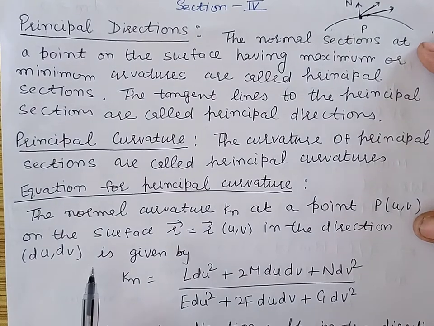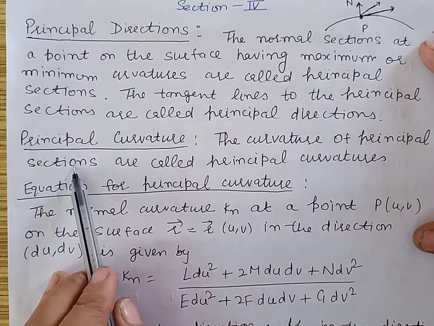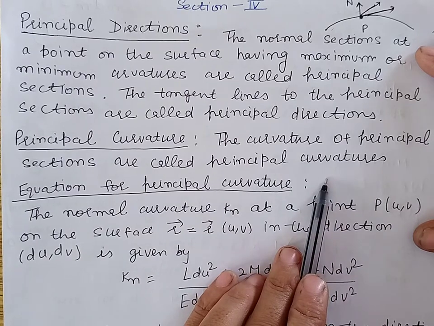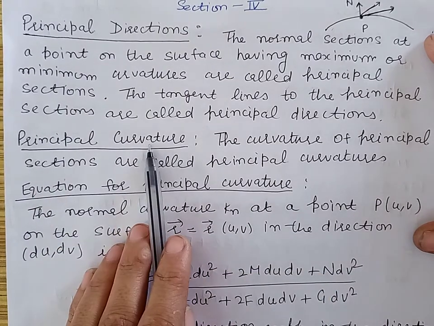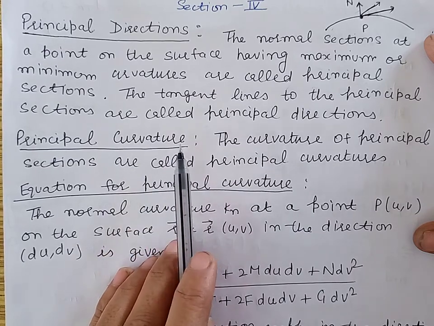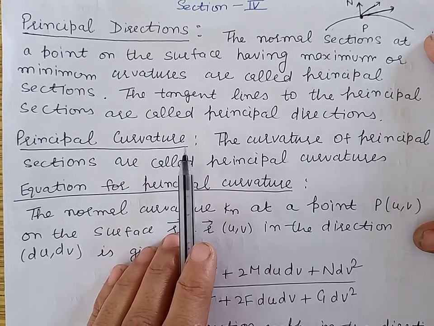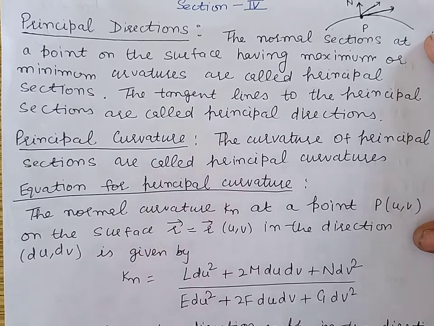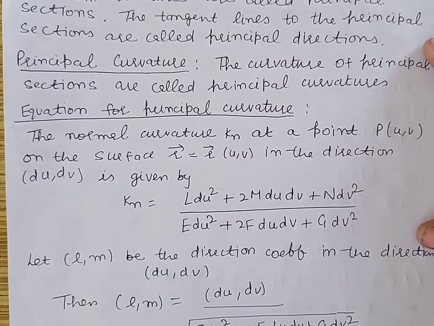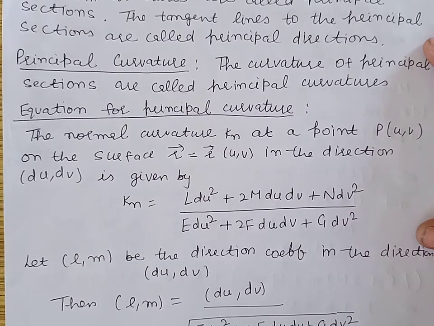The curvatures of principal sections are called principal curvatures. Now there are two principal curvatures. One corresponds to the maximum value of curvature and the second corresponds to the minimum value of curvature. So let us find the quadratic equation giving us the two principal curvatures.